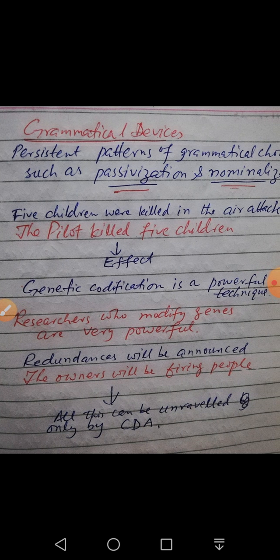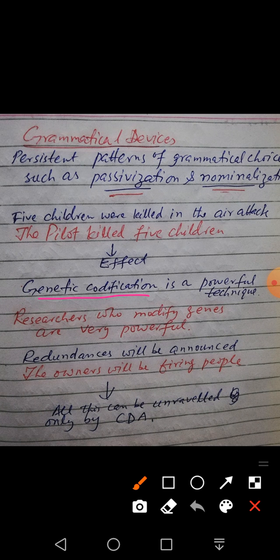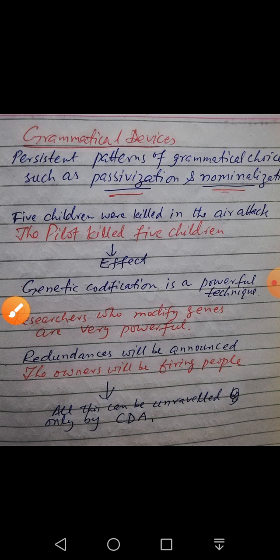Here's another example. Genetic codification is a powerful technique. Now this has a hidden meaning. The actual sentence is: researchers who modify genes are very powerful people. Actually, people who are modifying genes are, in a way, creating humans, because this codification of genes is not allowed in different religions, and we are not supposed to meddle with the creation of Allah Almighty.